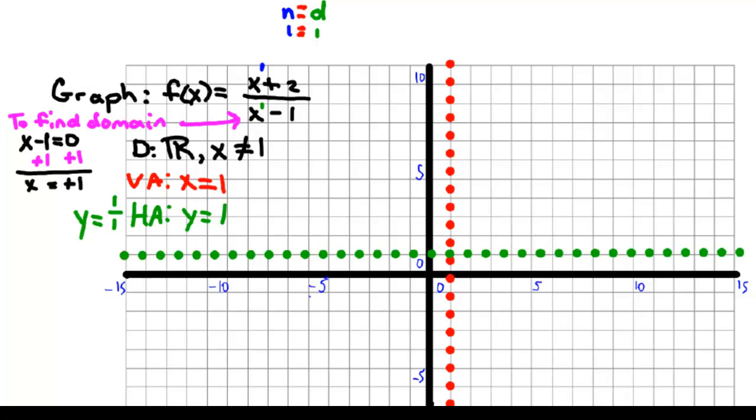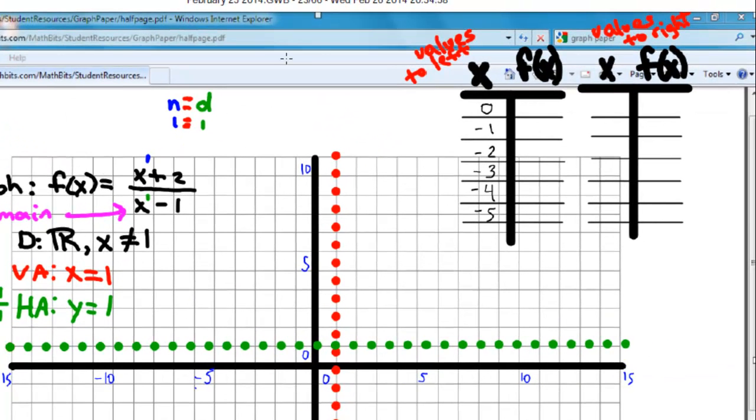Now we need to graph. We fill out our table. To get points for the graph, pick values to the left of the vertical asymptote and to the right of the vertical asymptote. Let's start with values to the left. The vertical asymptote is at x equals 1. The x values to the left of x equals 1 would be 0, negative 1, negative 2, negative 3, negative 4, and negative 5.